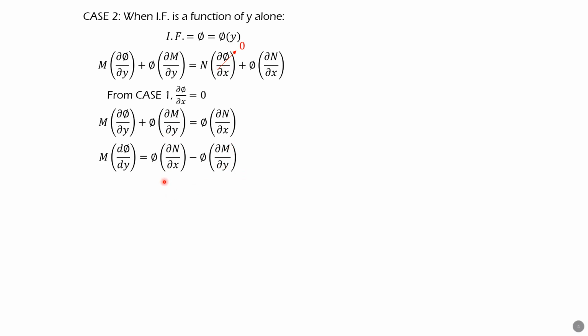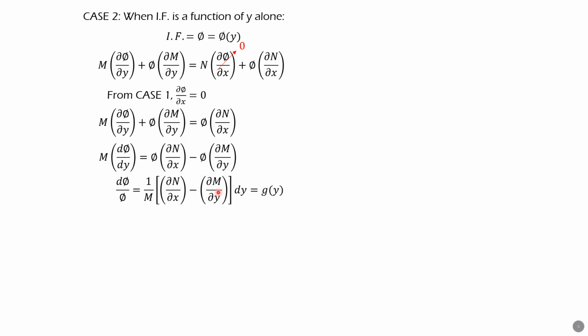So by separation of variables, the derivative of p divided by p, after we factor it here, equals 1 over m times this remaining quantity. That is, the derivative of p over p equals 1 over m times the quantity partial derivative of n with respect to x minus partial derivative of m with respect to y, times dy.